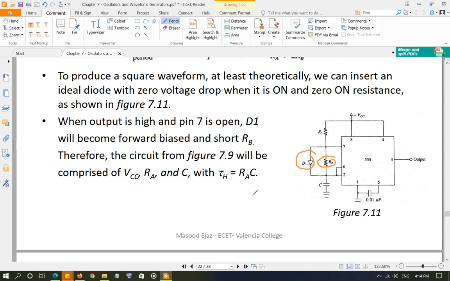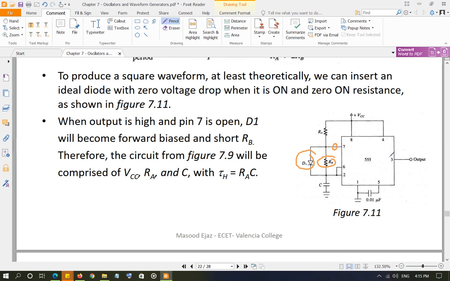Because when you have the high output and pin number 7, discharge, is open circuit, then remember, when the diode was not here, the current was flowing from VCC through RA, RB, and C, the first circuit that we discussed.